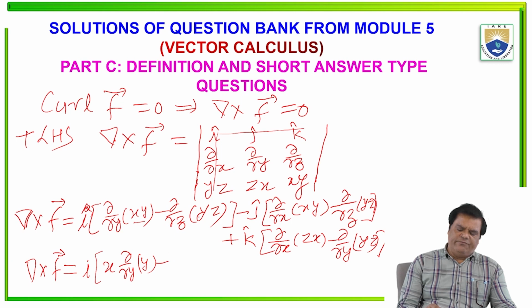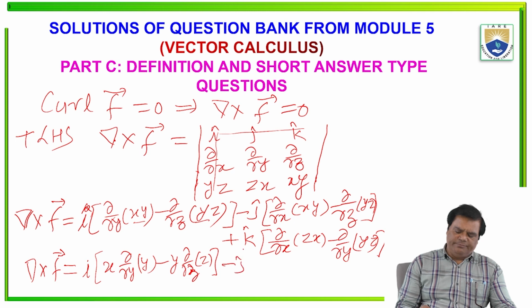And minus, differentiating zx with respect to z, x is constant, dou over dou z of z. Minus j: differentiating xy with respect to x, y is constant, dou over dou x of x.